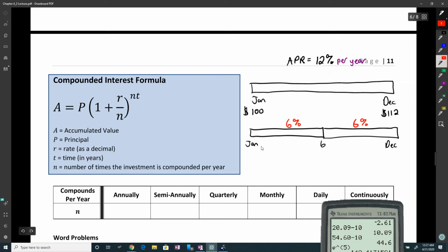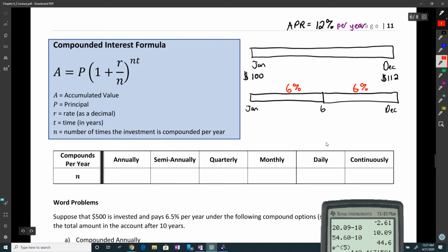In the first 6 months, you're going to pay 6%, and in the second 6 months, you're going to pay 6%. So if you borrow $100, after month 6, I'm counting on my fingers, guys, because I'm really bad at this: January, February, March, April, May, June. In June, they're going to want 106 back.